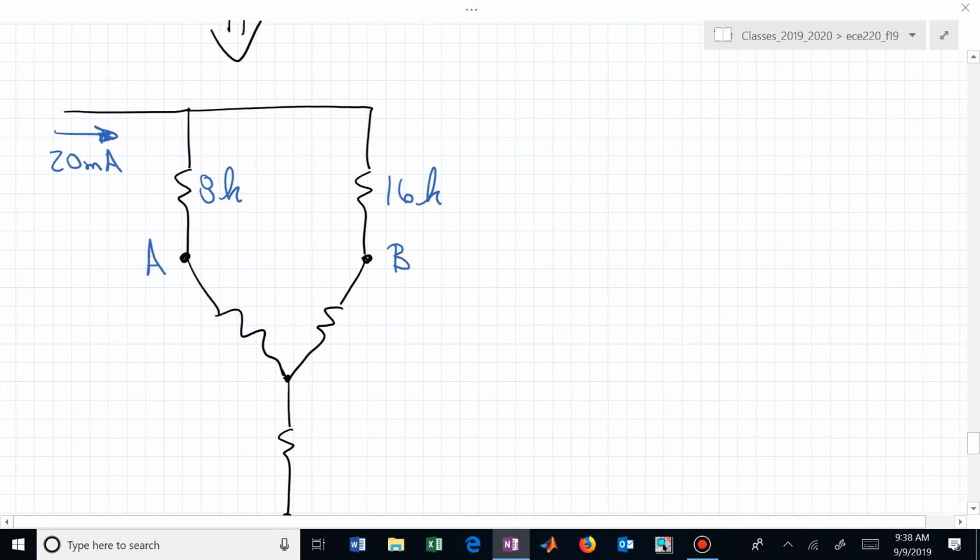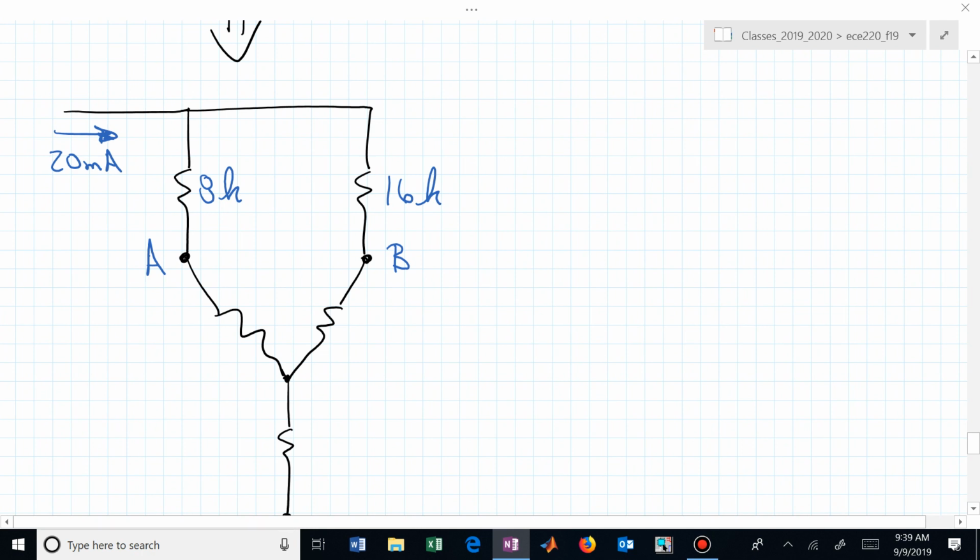And if that's the case, I've copied down my 8 and my 16. What are the values in the Y that I've now replaced? They were 12 in the delta, were they not? What are they in the Y? Bigger or smaller?